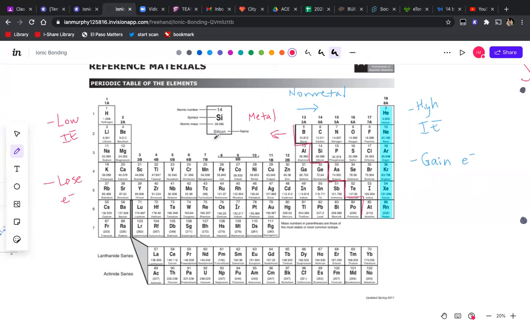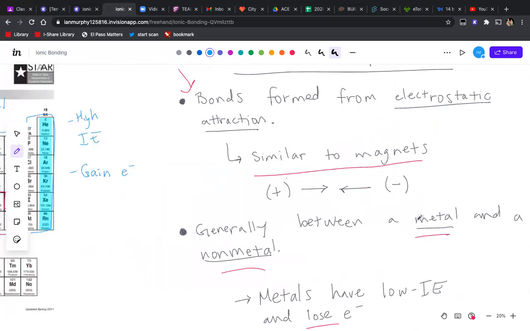So that's just a quick little reminder for figuring out what is what. Again, metals are on the left side of the staircase, and our nonmetals are on the right side of the staircase. All right, so moving on.